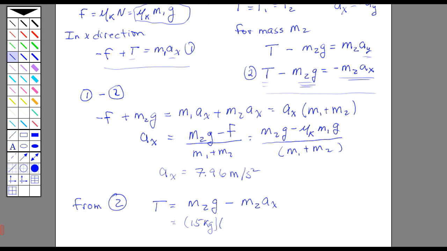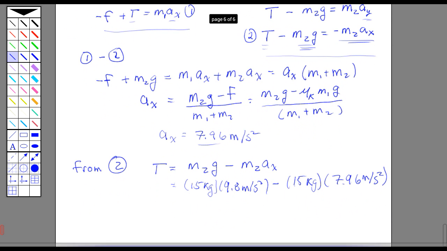We have g is 9.8 meters per second squared minus 15 kilograms times our acceleration, which is 7.96 meters per second squared.